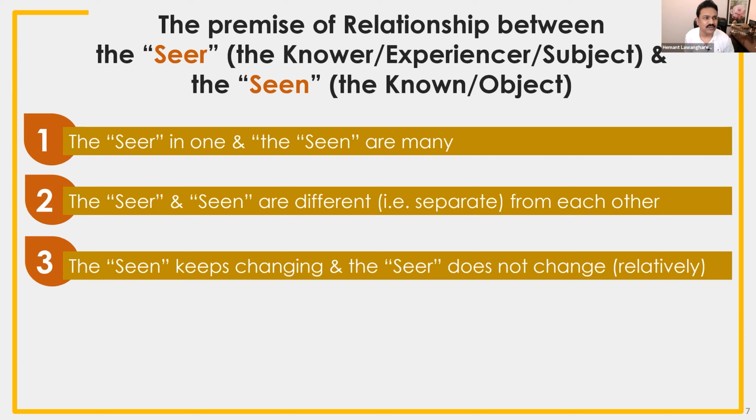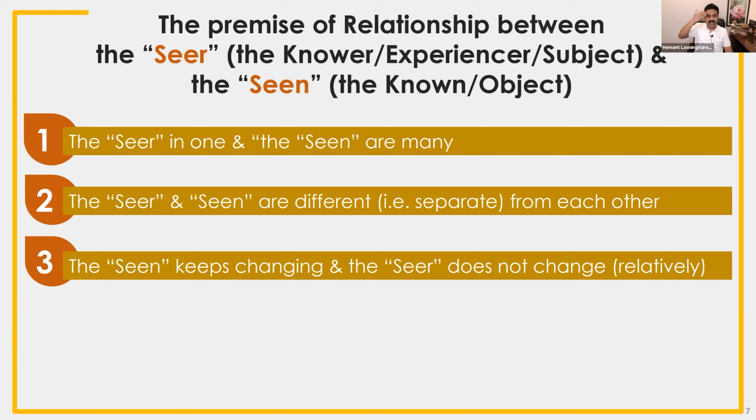Why relatively? Because my eyes will also become old and all that. So barring those nitty-gritties, generically we can say the seer, the experiencer, does not change, but the scene, what we are experiencing, the world, keeps changing. Again, it's a very simple relation between the seer and seen.